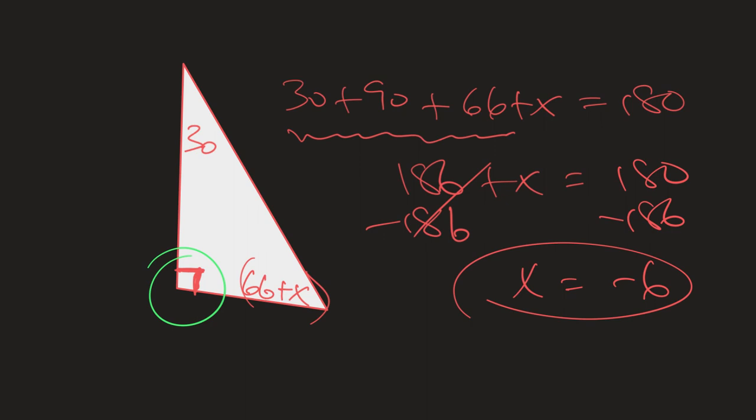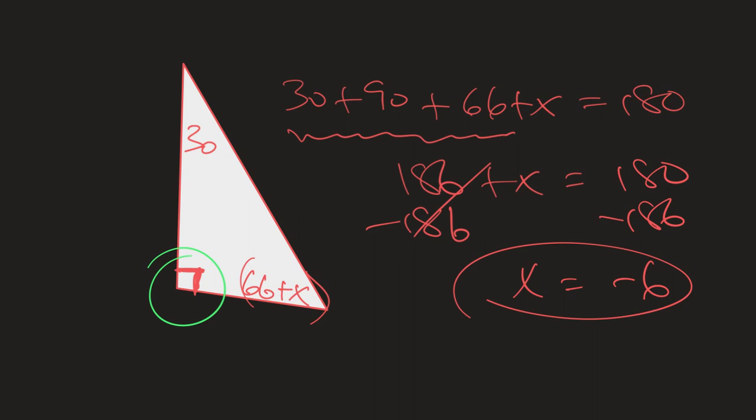Okay, so just one step solve here. Subtract the 186 from both sides. 180 minus 186 is negative 6. Now, here's where you need to be a little bit careful, okay? Just because we solved for x doesn't necessarily mean we have the answer.